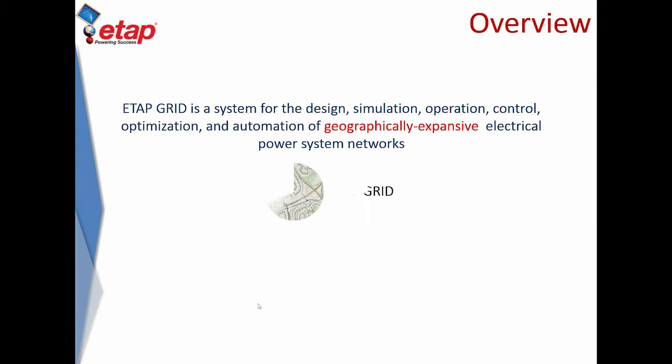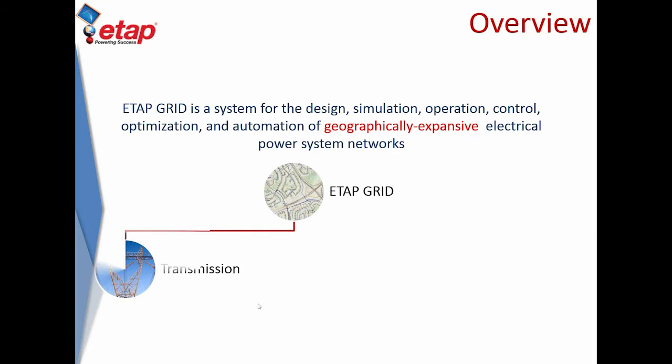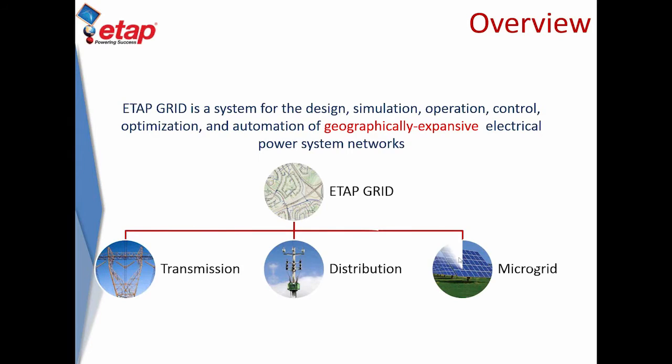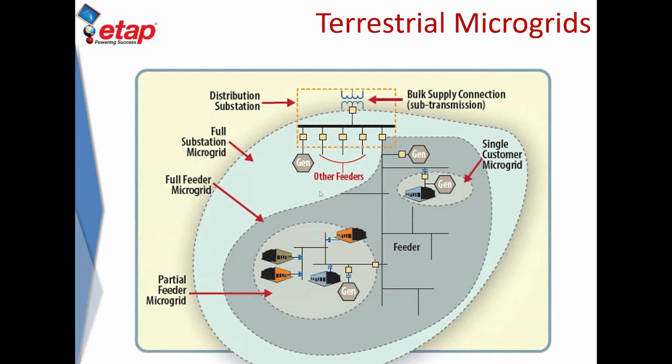So in ETAP grid, when we talk about its components, we're talking about applications for transmission, distribution, and microgrid. And today our focus is going to be specifically only on microgrid. So therefore the product is fairly large and includes full spectrum power system analysis and power management capabilities.